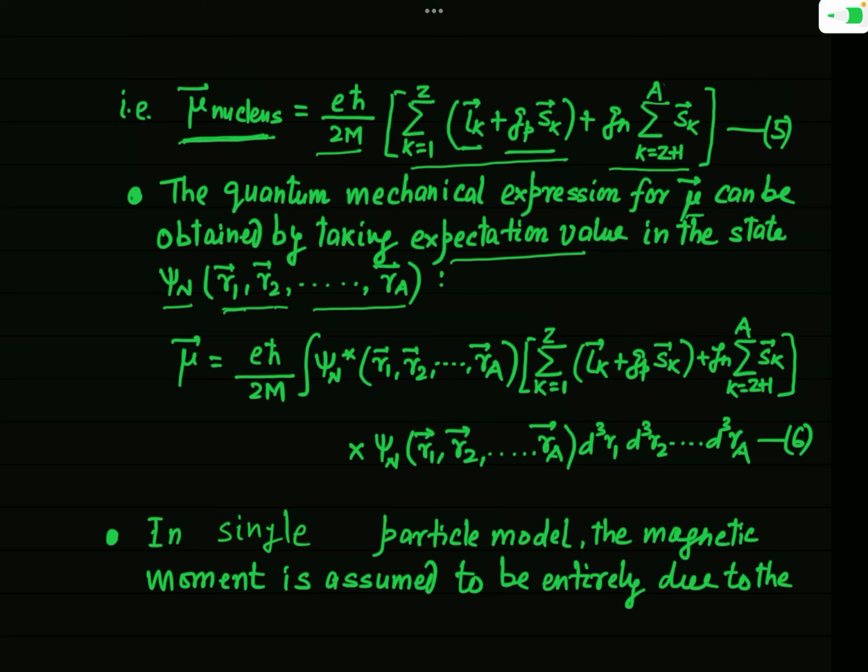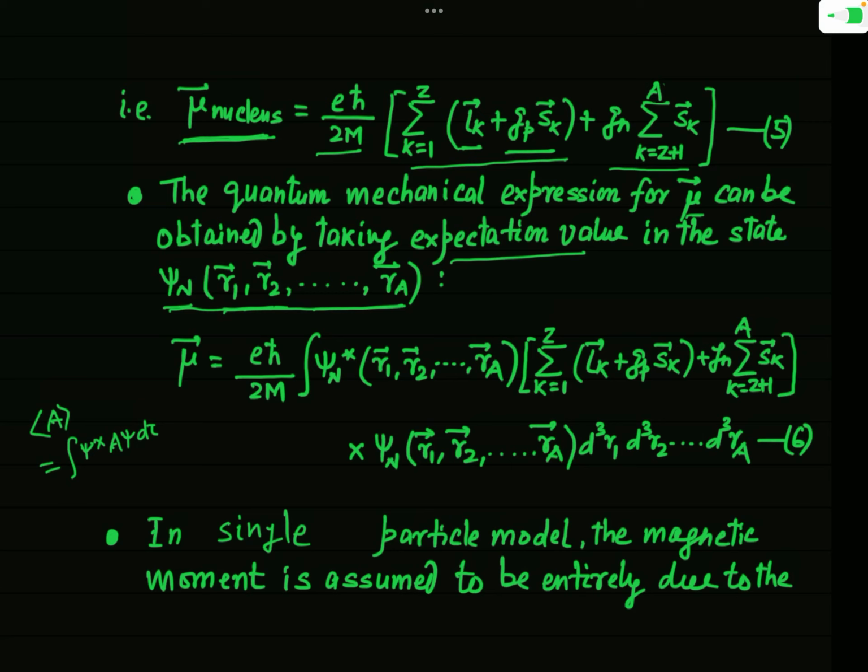And if you want to find the expectation value of any operator in integral form, how do you define it? If this function is normalized, so in case of a normalized wave function or the eigenstate, how is the expectation value defined? You know, if you want to find the expectation value of any operator, let us say A, then this is defined as the integral of psi star A psi d tau, or you may write d3r.